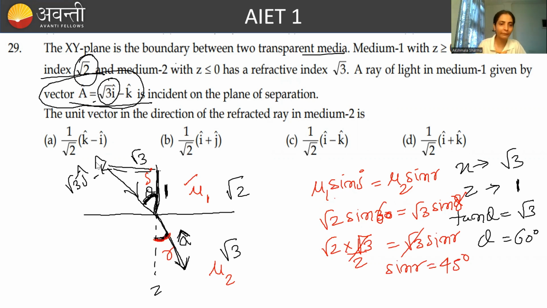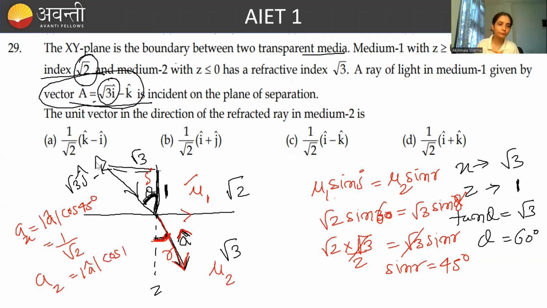If this angle is 45 degrees, then we have to write a unit vector in this direction. Clear? So the component of this unit vector along the x-axis will be mod of A cap cos 45. Since this is a unit vector, magnitude-wise it is 1/√2. Similarly, the component of this unit vector along the minus z-axis is again mod of A cap cos 45.